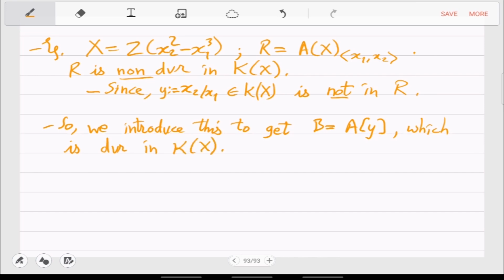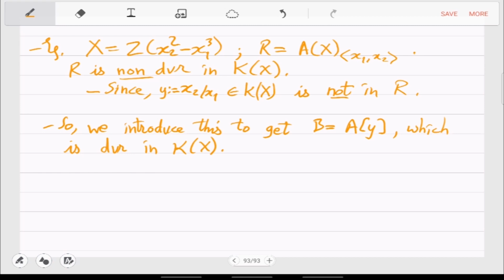Okay, so this was the trick we had done in those two diagrams. But algebraically, the motivation is now here. In terms of DVR, it's very clear, and clearer still in terms of integral closure.